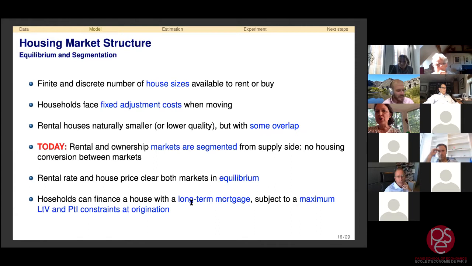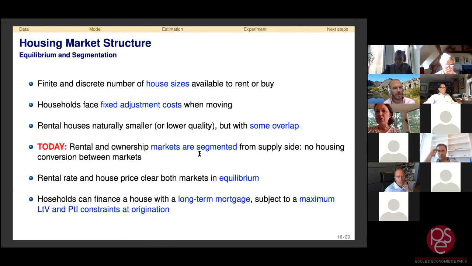This debate focuses a lot on the importance of appropriately modeling demand segmentation, in the sense that households are constrained in the amount of housing services they can demand, but also the degree of supply segmentation, in the sense of whether houses can be easily converted between rental houses and owner houses. And this has important effects in these kinds of models for the data.